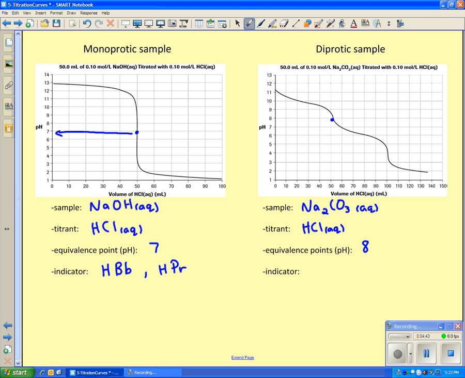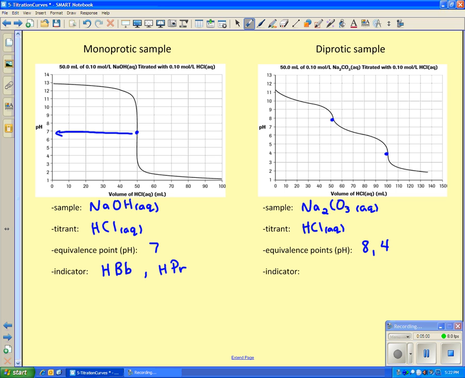And the second one is on that second drop, and that's somewhere around pH of 4. So if you have a sample that's diprotic, so can accept two protons, there will be two equivalence points on your graph.